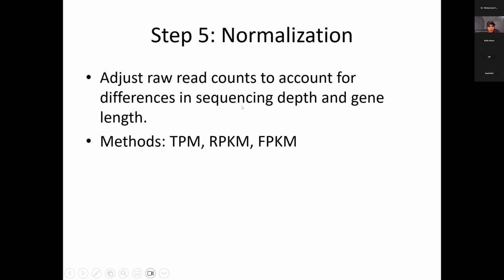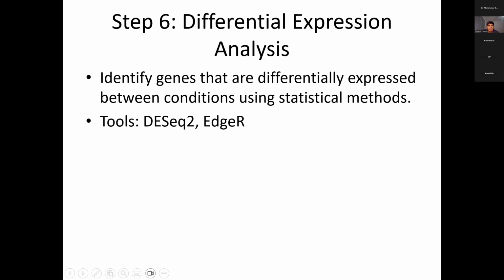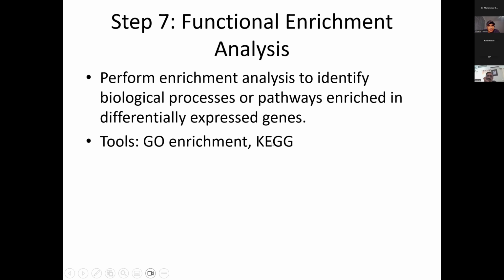The methods we use are TPM, RPKM, or FPKM. Yes, the percentage means sequencing depth. At the end, we will do differential expression. For differential expression, we use the packages DESeq2 or edgeR.